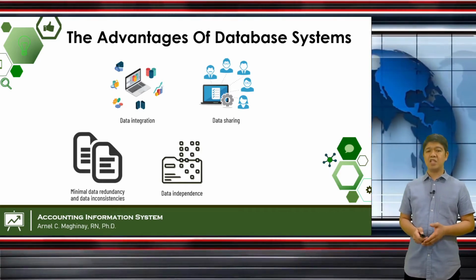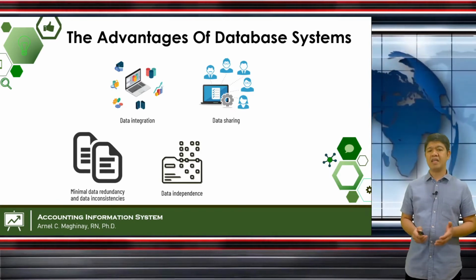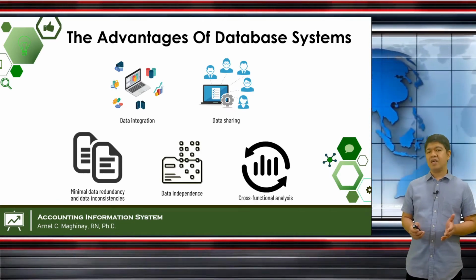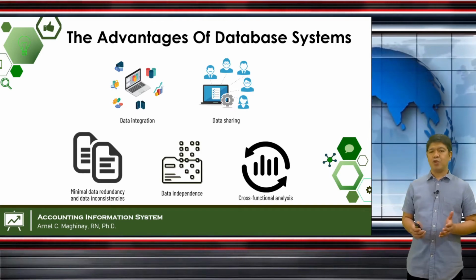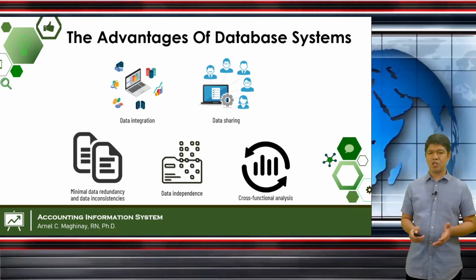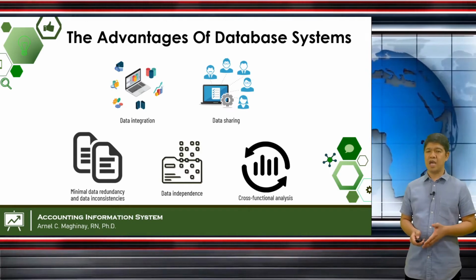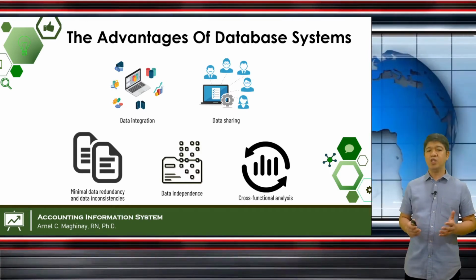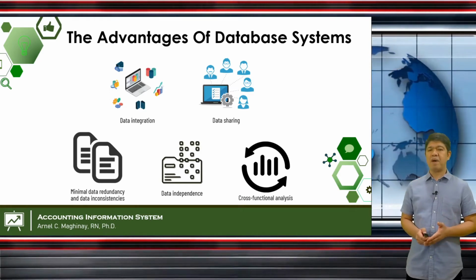This facilitates programming and simplifies data management. Cross-functional analysis: in a database system, relationships such as the association between selling costs and promotional campaigns can be explicitly defined and used in the preparation of management reports.